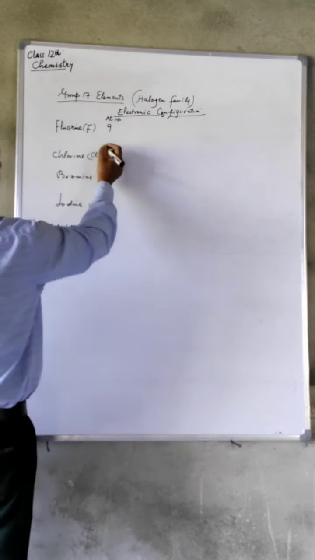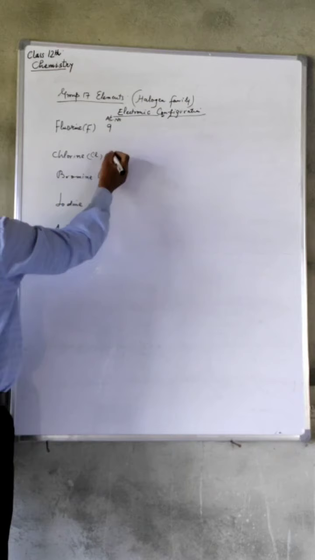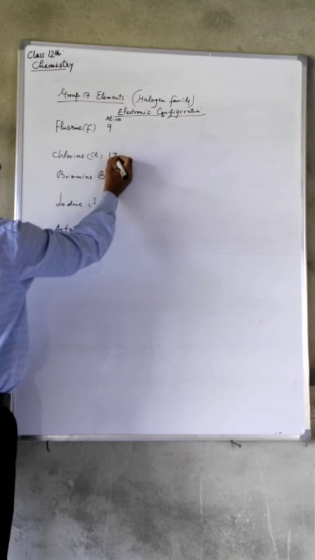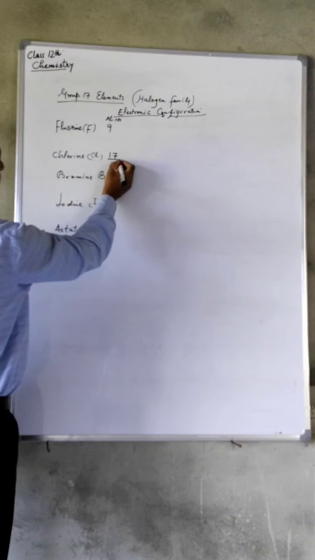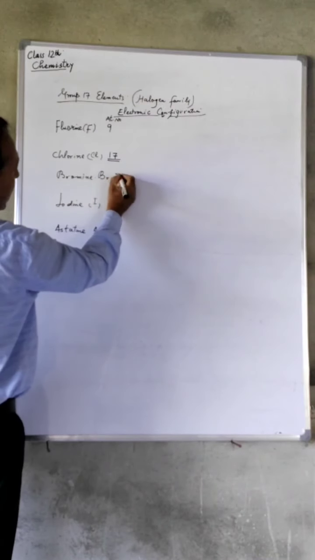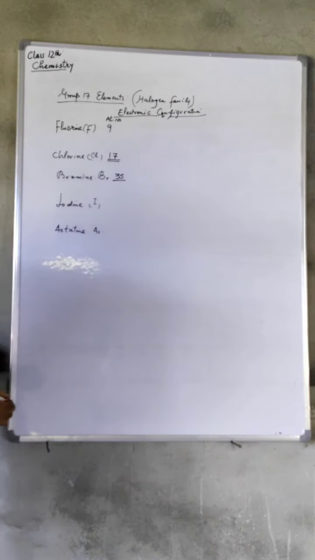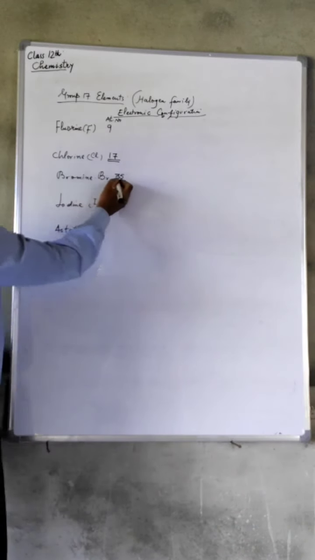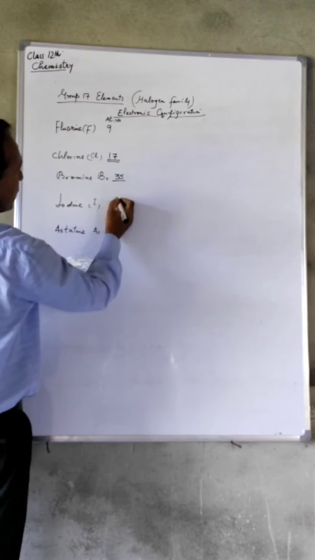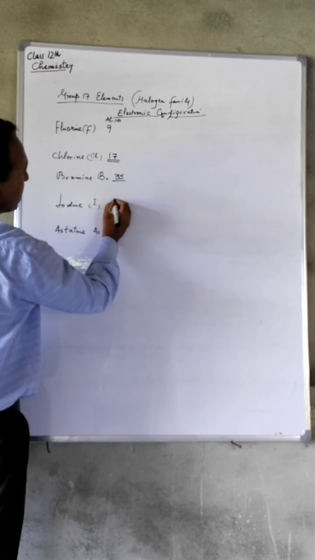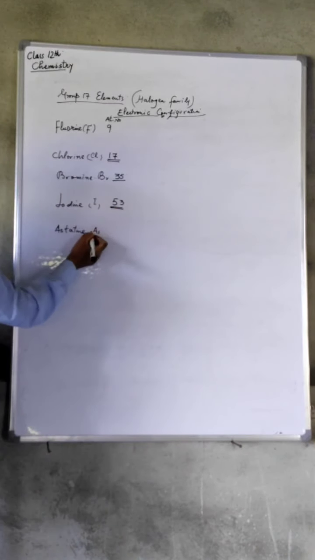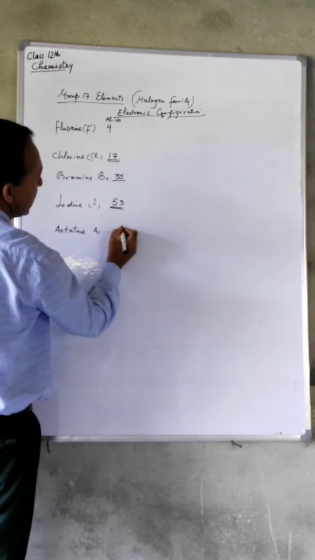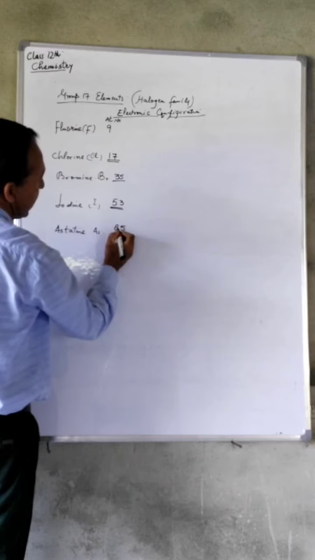For chlorine, we add 8, giving 17. For bromine, we add 18 electrons, giving 35. Similarly, for iodine, again add 18 to 35, that is 53, and then we add 32 to 53, which is 85.